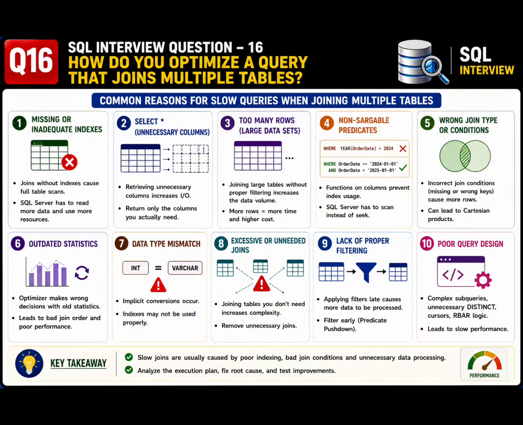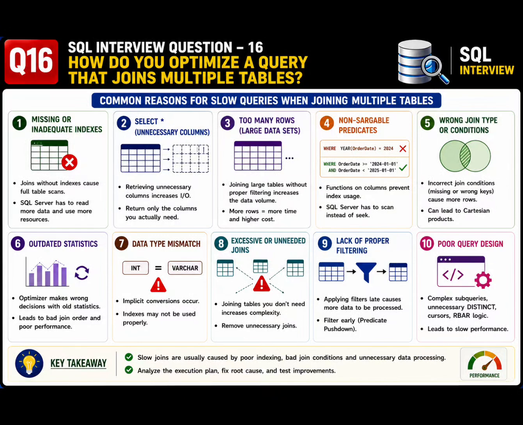Then wrong join conditions: incorrect joins can create duplicate rows or Cartesian products, significantly increasing execution time. So always verify join conditions carefully. Then outdated statistics: the optimizer depends on statistics to estimate row counts, so outdated statistics may lead to poor execution plans.